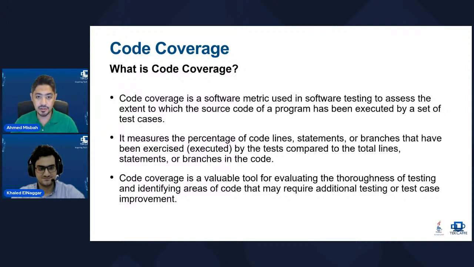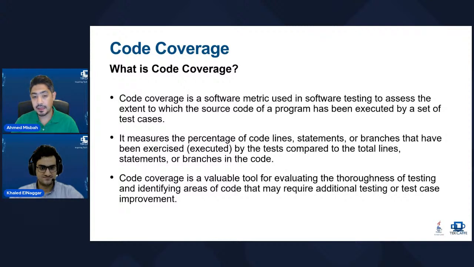So it basically measures the percentage of code lines, statements, branches that have been exercised by the tests compared to the total lines, statements or branches you have in the code, and you get a percentage. Now, the higher the percentage, the better your tests are.